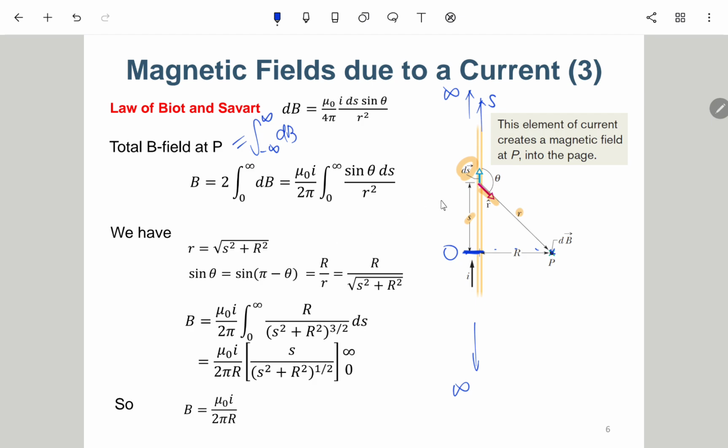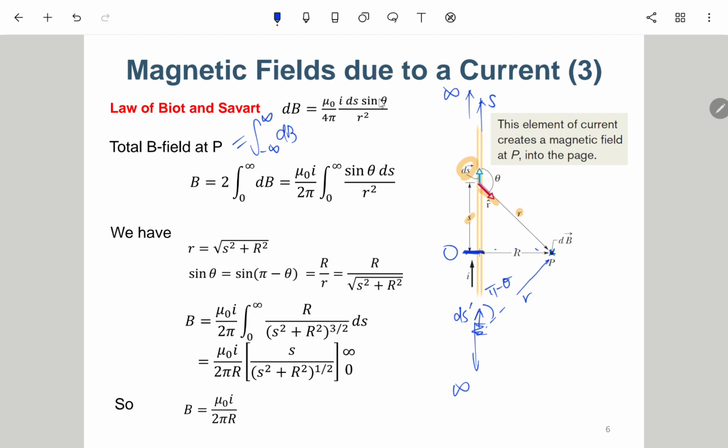But you can easily find that, suppose you find a symmetrical point, this is ds prime, and this is actually the same R. You can verify that this angle is 180 degrees, or pi, minus theta.